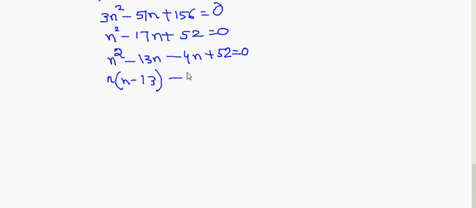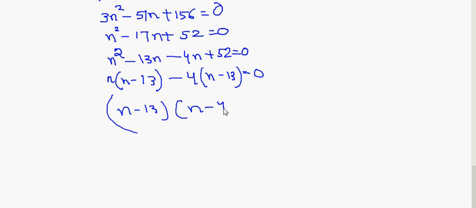If I take a minus 4 here, I'm left with another minus 13. That's equal to 0. So n minus 13 and n minus 4. So n can either be 13 or n can be 4. We had to calculate how many terms of this AP can be taken so that their sum is 78. So your answers will be either 13 or 4.